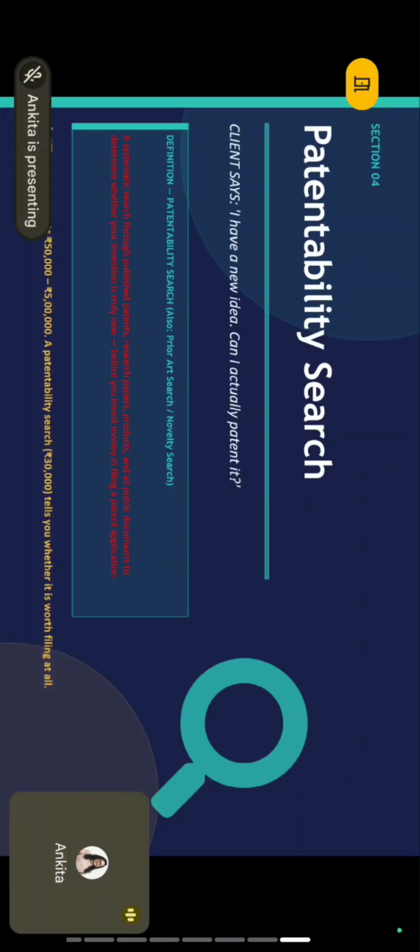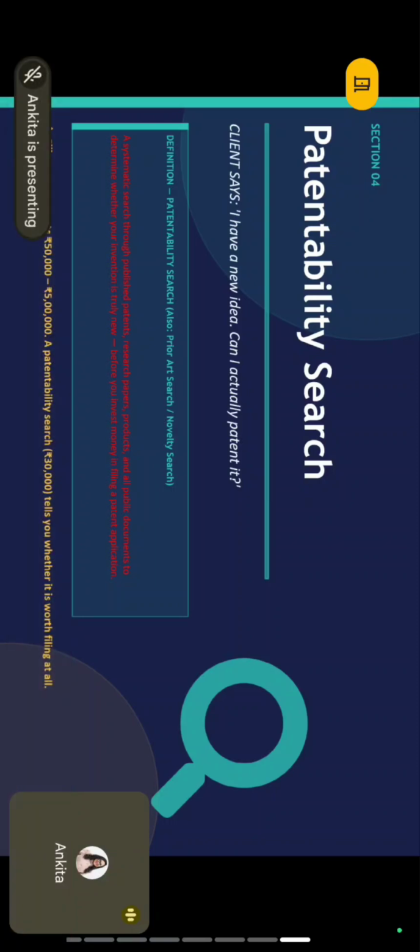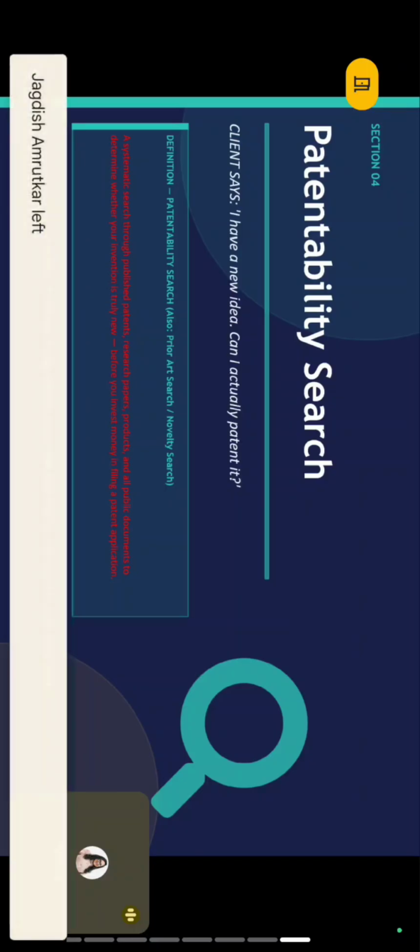And the client asks exactly that: I have a new idea, can I actually patent it? So that's exactly what a patentability search does. In a patentability search, we look through all published patents, all research papers, all public documents to check if your invention is truly new or not before you spend money on filing.